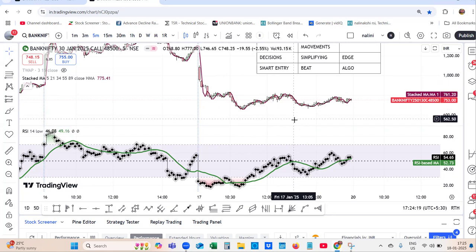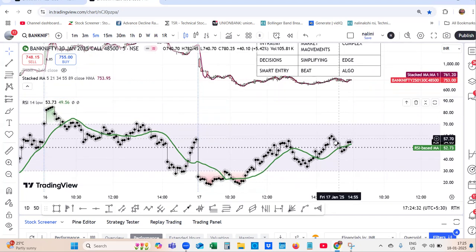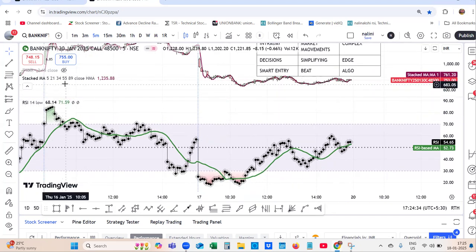But the thing is, RSI is a very good tool wherein you can make it a step line chart. By making it a step line chart, I'm using just a simple moving average, 5-period moving average, with HMA.